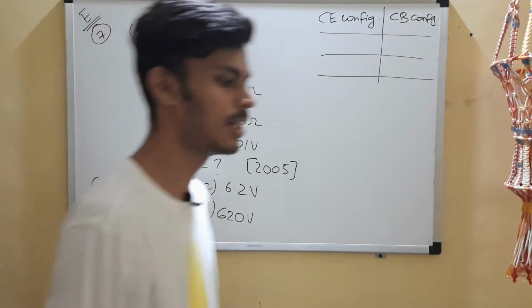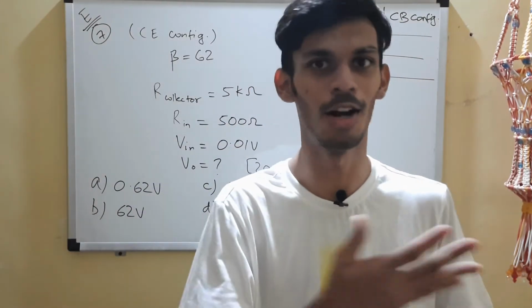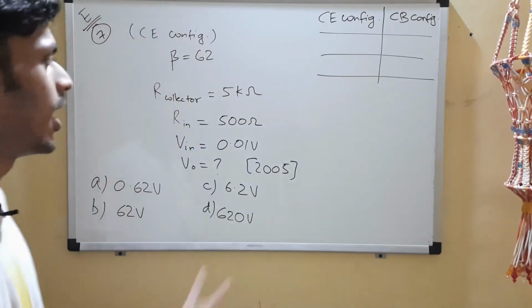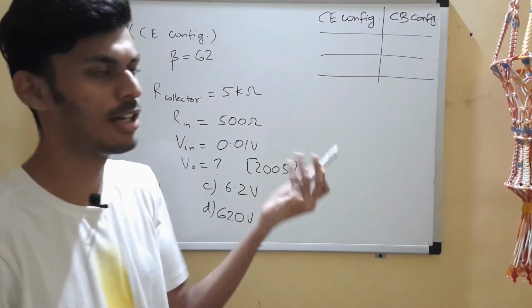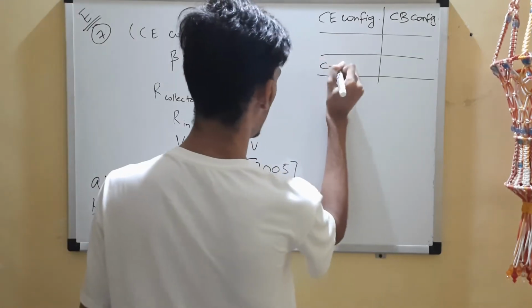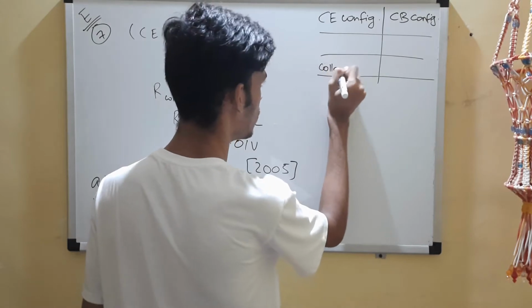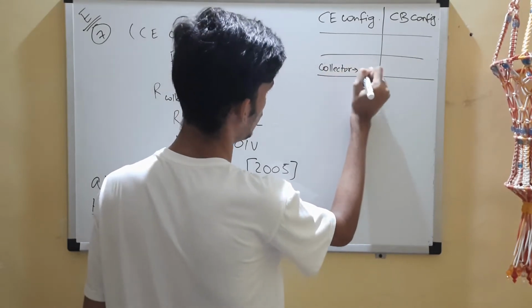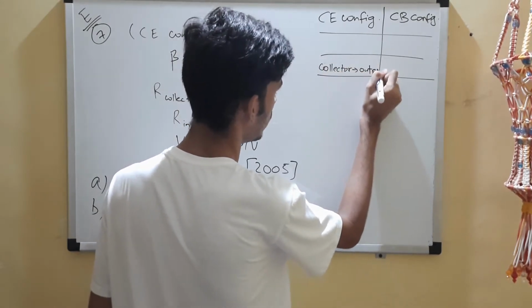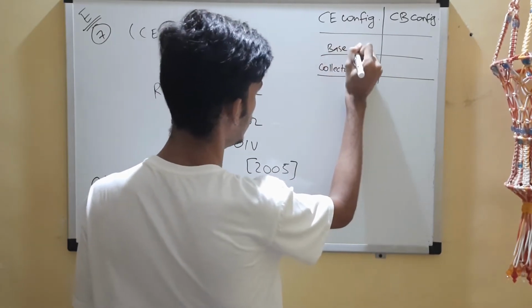The emitter is common, which means that it belongs to both input and output. It is common to input and output side, right? Now we are left with base and collector. So remember that collector, in this case the collector will be the output. Actually in both cases the collector will be the output, and the base will be the input.